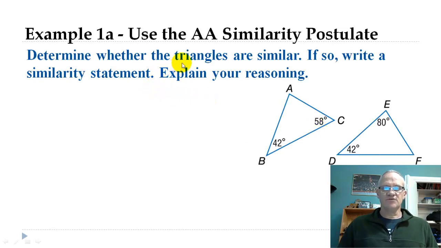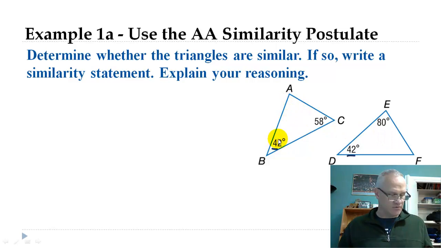All right, so we have to determine if these triangles are similar. And then if so, let's write a similarity statement. Well, first thing is, let's look at our angles that we've got here. You notice here's 42 and 42. That's a good sign. We have one set of angles that are the same, but the other ones, oops, they're not the same. But we've got some missing angles. Let's see what's missing over here.